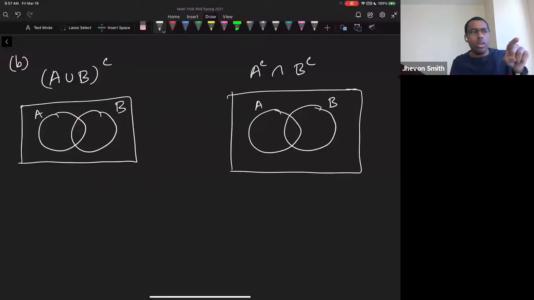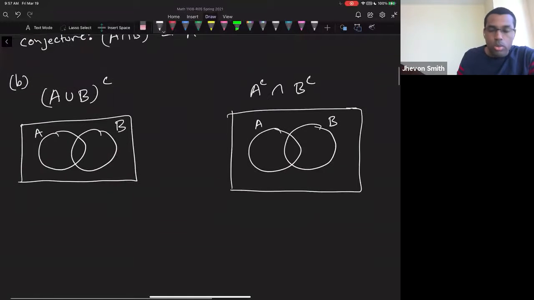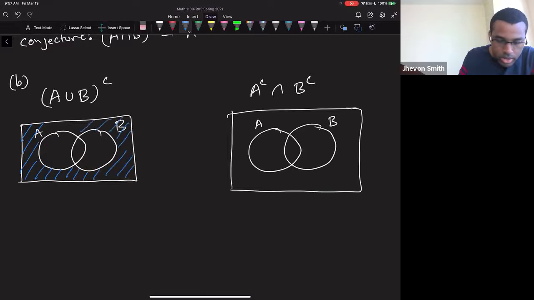You're going to need to know what region would be shaded, where should I fill in this number, things of that sort. So you really want to know where these guys are.